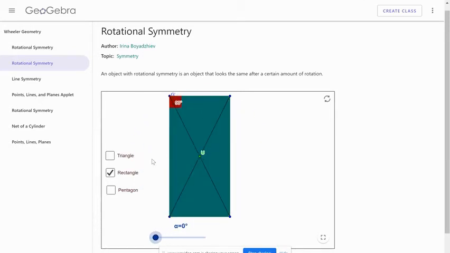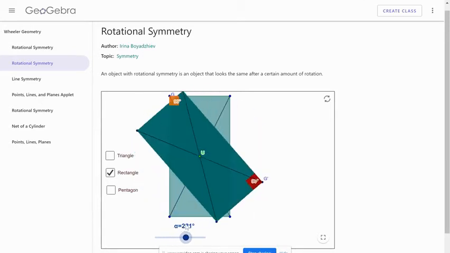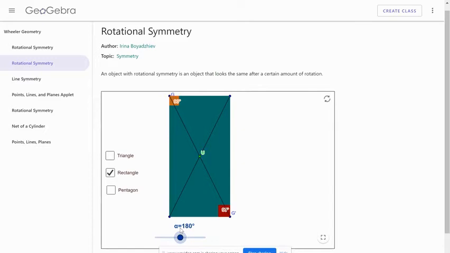It has to go a full 180 before it looks the same, and then 360. But again, remember, 360 doesn't mean you have symmetry. So we would say this figure has only 180 degree rotational symmetry. We'll never say 360. If a figure has to turn all the way around, then it doesn't really have rotational symmetry. So this one has only 180 degree rotational symmetry.